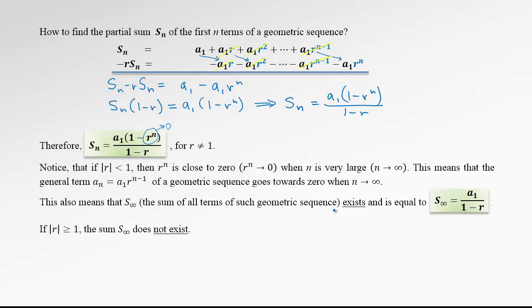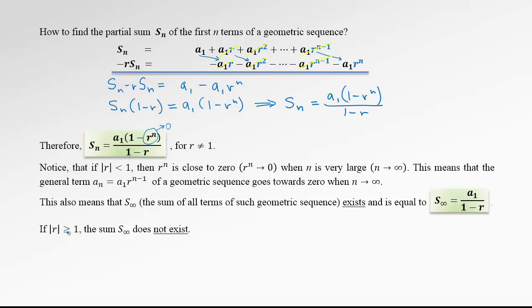So for geometric sequences with absolute value of the common ratio smaller than 1, it's even easier to calculate the overall sum of all infinitely many terms than the partial sum of the first n terms. Also, if the absolute value of the common ratio is bigger than or equal to 1, then the infinite sum does not exist.